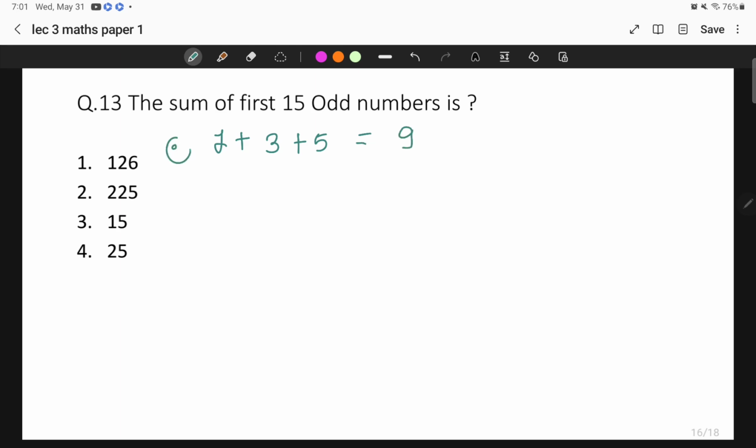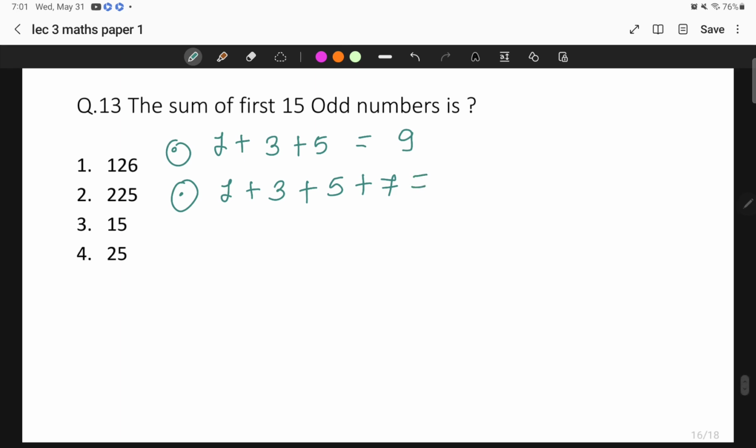Let's take one more example. 1 plus 3 plus 5 plus 7. I have taken the summation of 4 odd numbers and the answer is 16. One more example. 1 plus 3 plus 5 plus 7 plus 9.